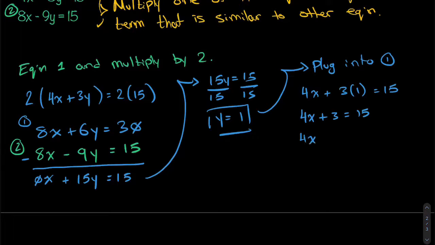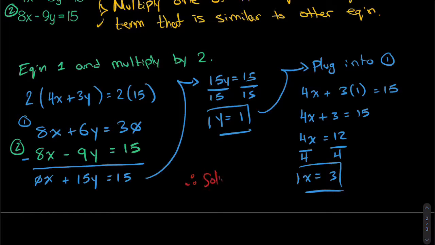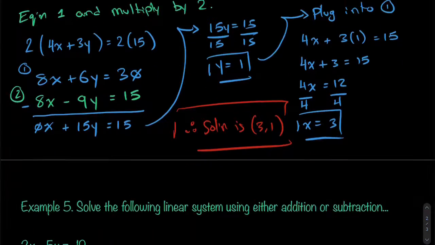I'm going to move that 3 to the other side by subtracting, so 4x equals 12. x equals 3. And there's our solution. So therefore, the solution is 3, 1. One more, I promise, then we're good to go.